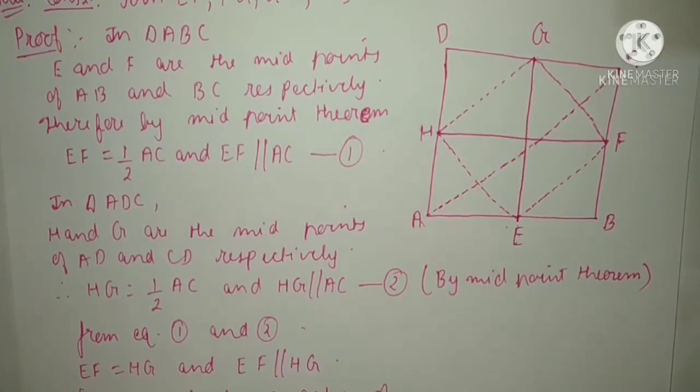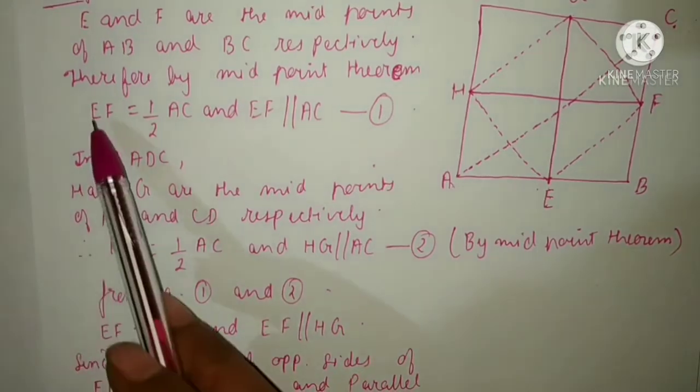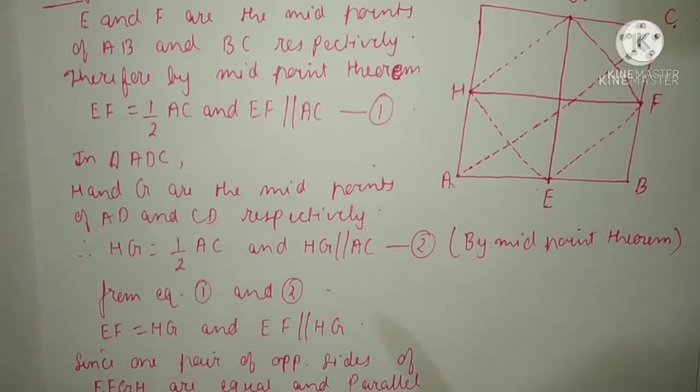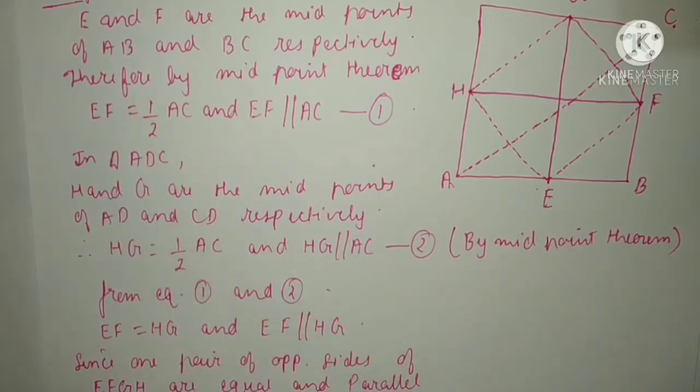Now see both the equations 1 and 2. In equation 1, EF is equal to half of AC and in equation 2, HG is also equal to half of AC. That means these both will also be equal. So from equation 1 and 2, we can write EF equals HG. Okay. And EF is parallel to AC and HG is also parallel to AC. That means these both will also be parallel.